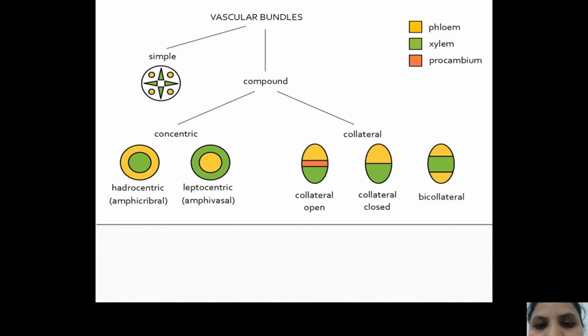Now we see different types of vascular bundles in the plants, simple and compound. In compound, we'll see concentric and collateral types. Collateral open is when the xylem and phloem are separated by cambium. If cambium is absent, then it is called a closed type of vascular bundle.